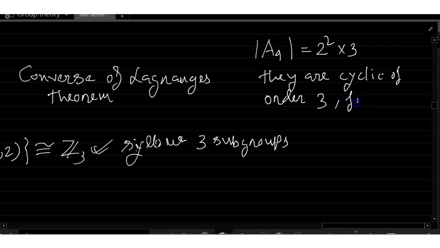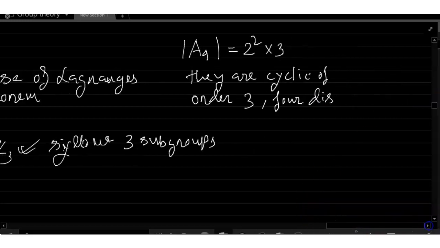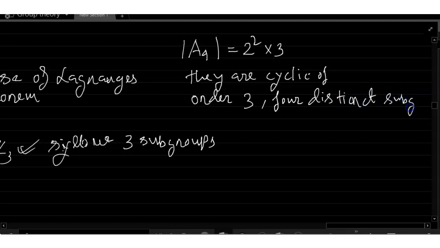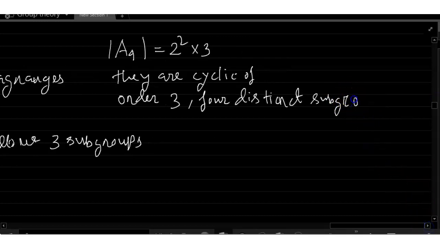So there are 4 distinct Sylow 3 subgroups.